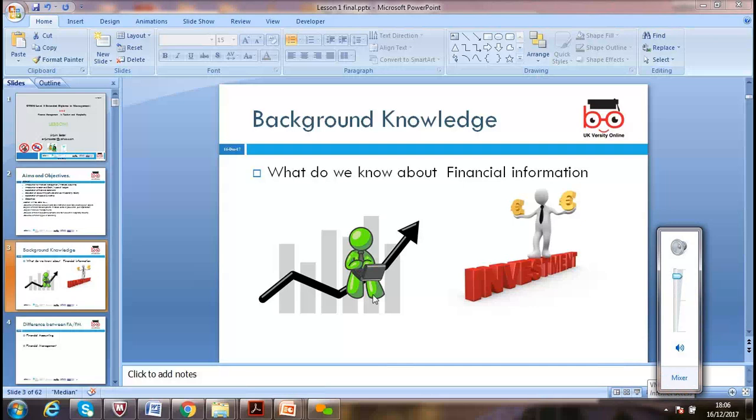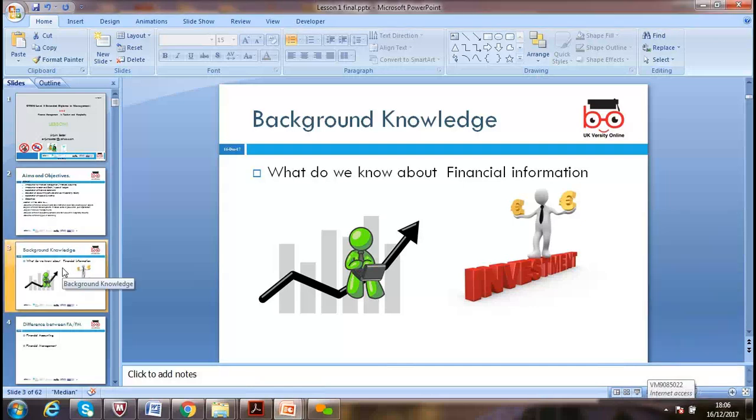Well done. So where can we get the information? What are the sources of information? If you want to know whether a company is in a sound financial position, where can you get the information from?